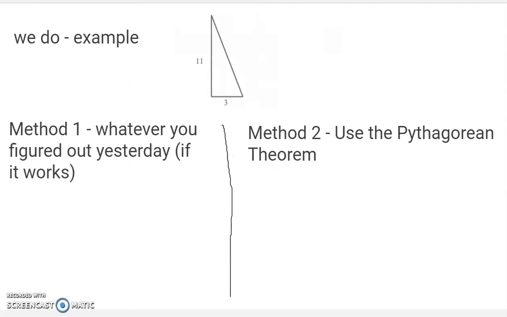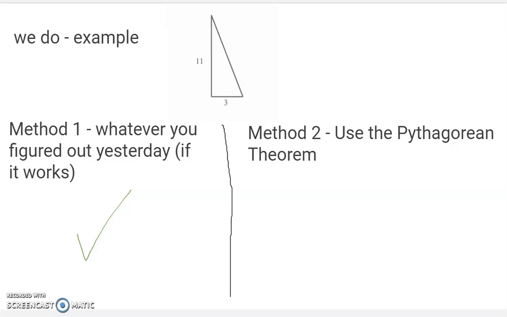I want to make sure you remember, whatever you figured out yesterday when we did this without much training is okay. I don't want to make you follow new steps if your old steps are working for you reliably. Totally great. I do at least want you to see how it usually looks when somebody applies the Pythagorean theorem formally.